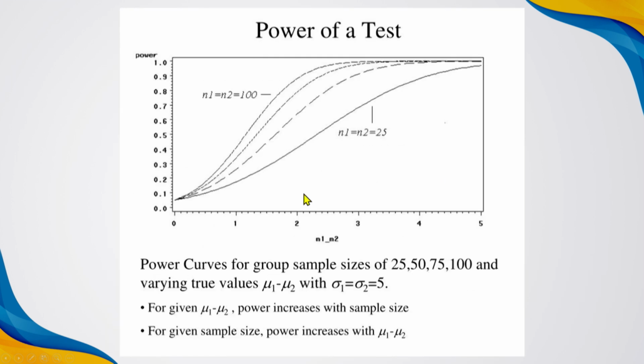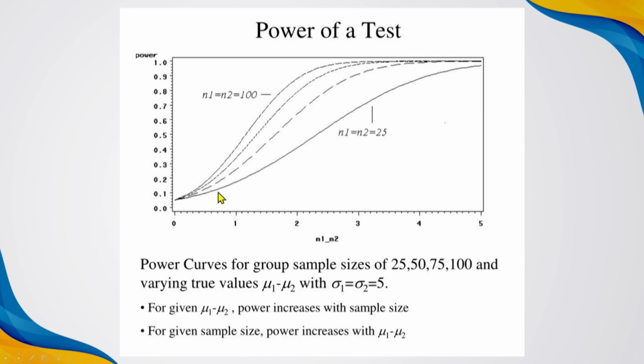Also, we have another diagram for the power of a test. In this diagram, it shows the power curve if the sample sizes n1 equal to n2 equal to 100, and also n1 equal to n2 equal to 25.